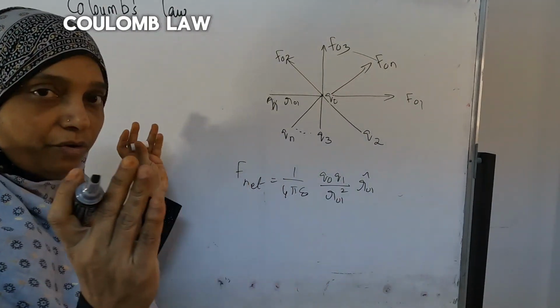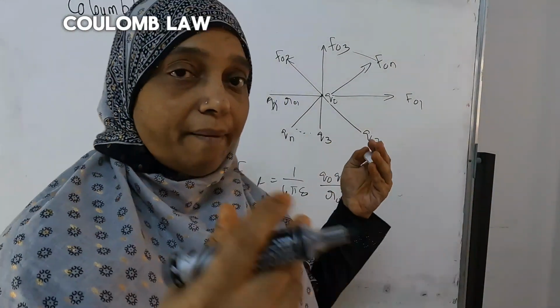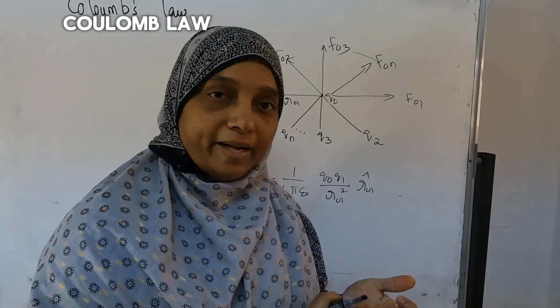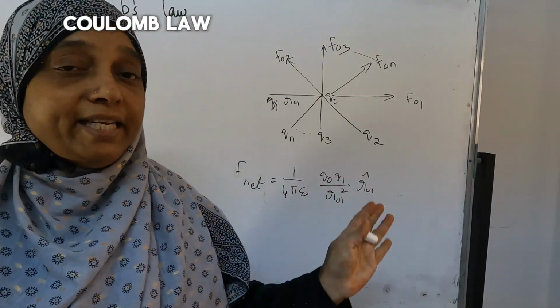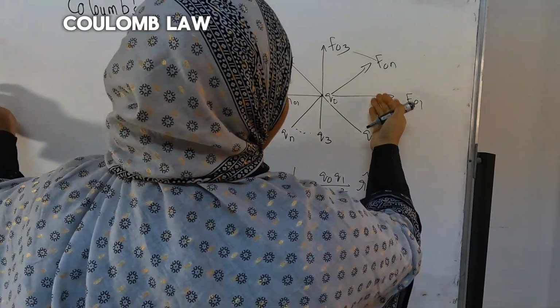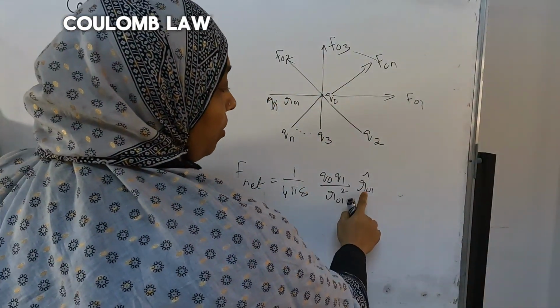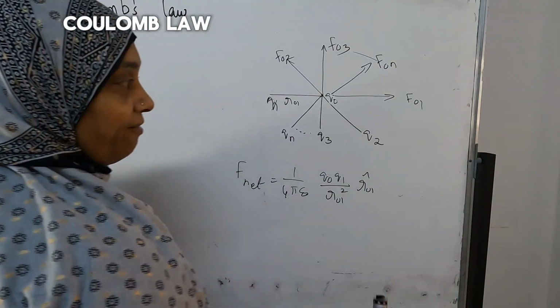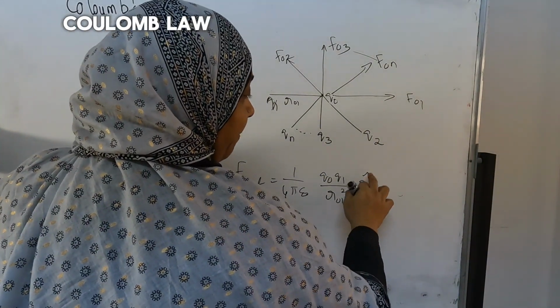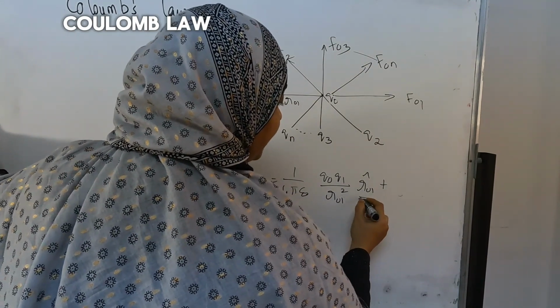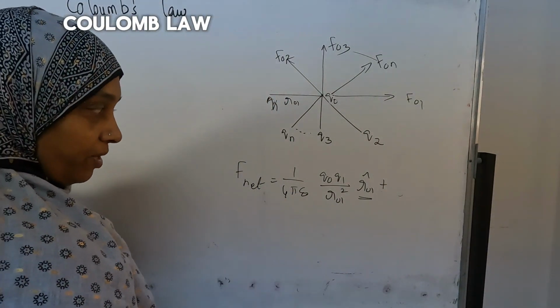If it is attractive, all the arrows come together and we put plus. If the arrows go in opposite directions, we put minus. Here all are in different directions, so we have to calculate the net vector sum again. Here R01 cap, plus, represents the direction only.